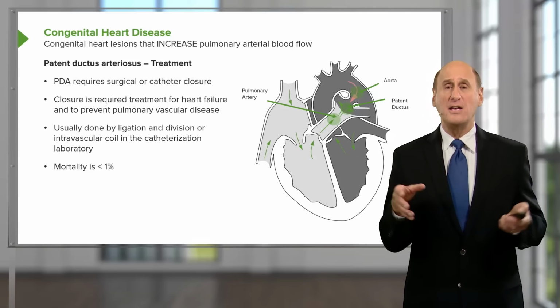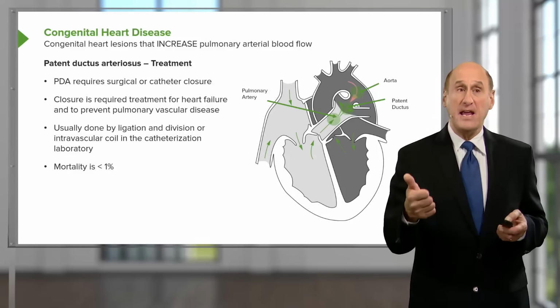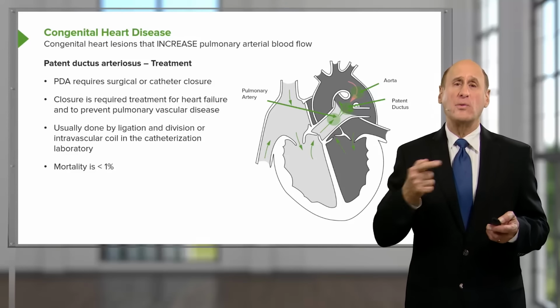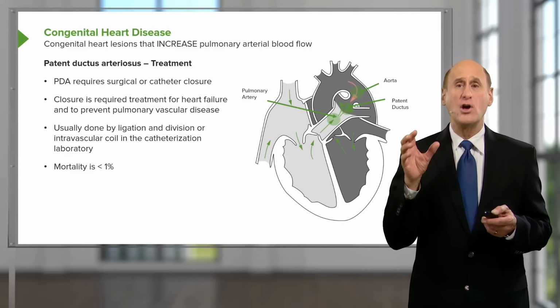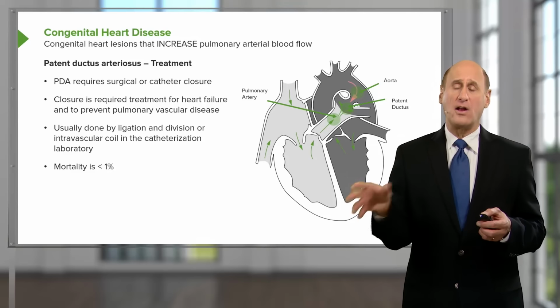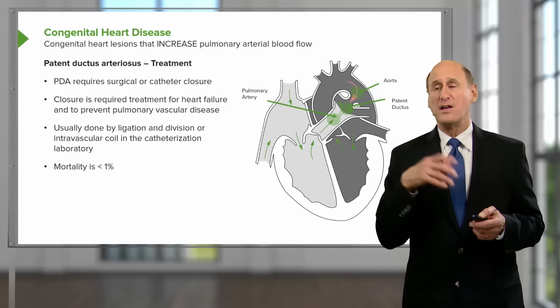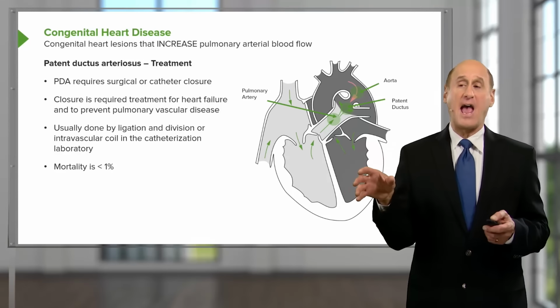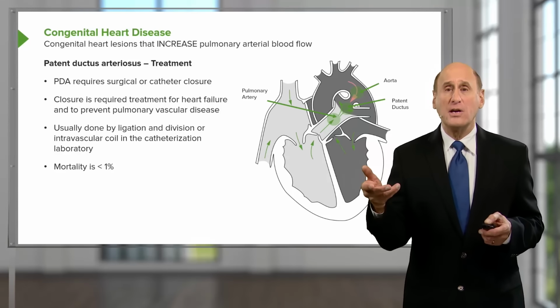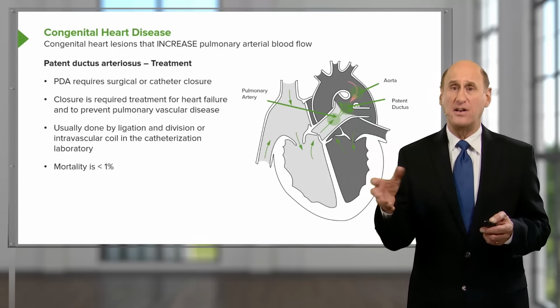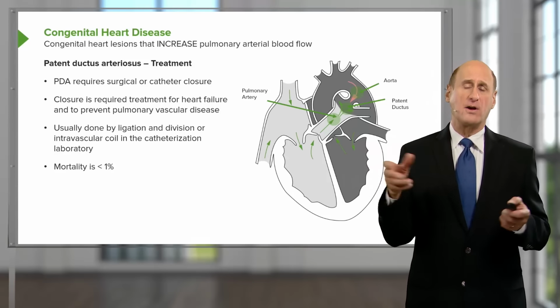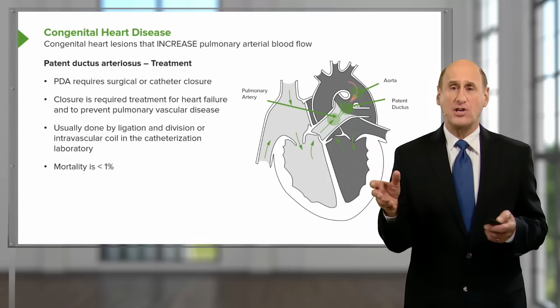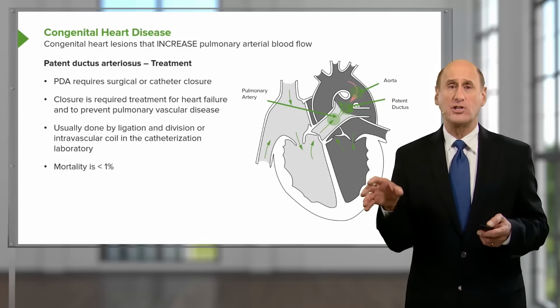Again, these individuals are always followed by pediatric cardiologists, usually alongside an adult cardiologist who specializes in congenital heart disease in the adult. So these folks often fall into the category of partially repaired or palliated congenital heart disease because you can't completely change around the anatomy, which is so abnormal.